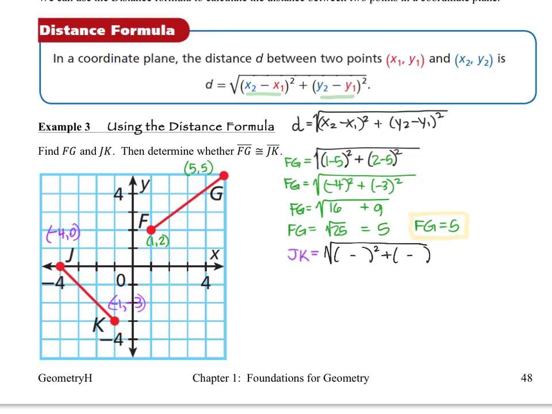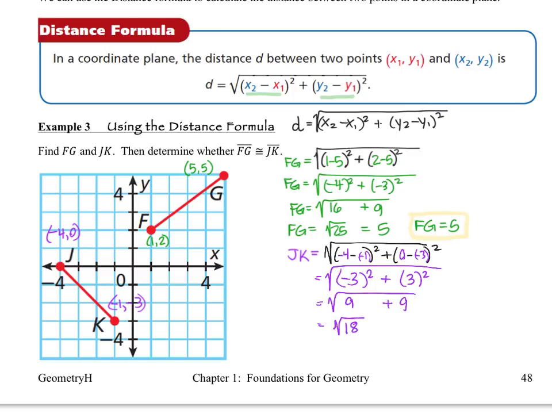Plugging into our formula, we have -4 minus -1, and we've got 0 minus -3. -4 minus -1 is going to give us -4 plus 1, so that's -3, and 0 minus -3 is going to give us 3. -3 squared is 9, 3 squared is 9, so we're going to end up with the square root of 18.